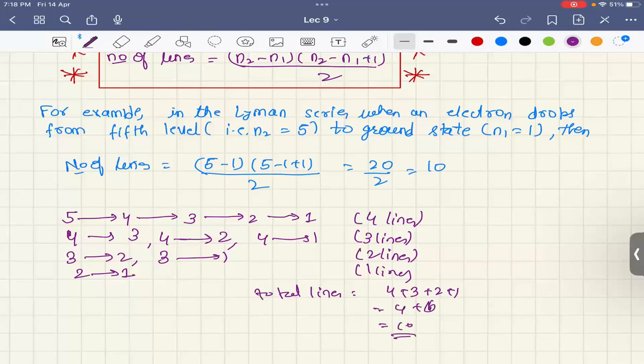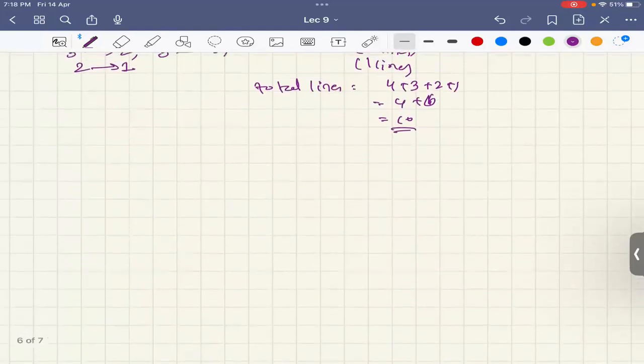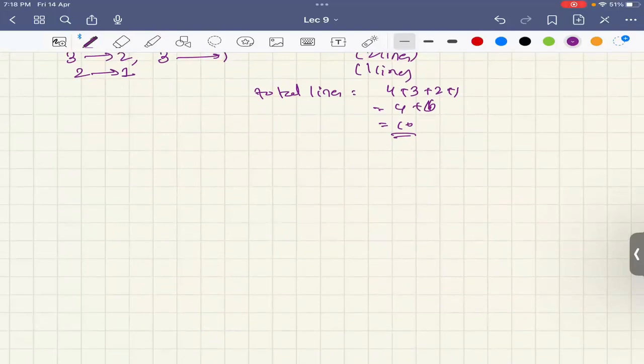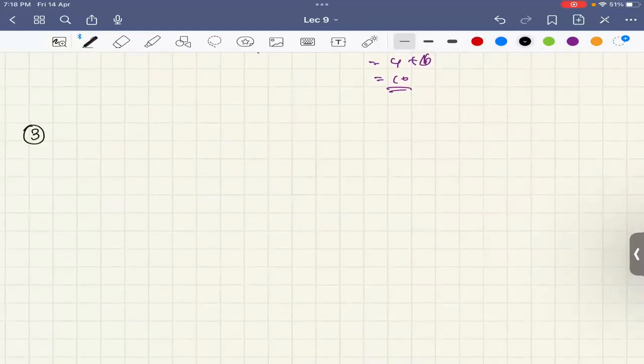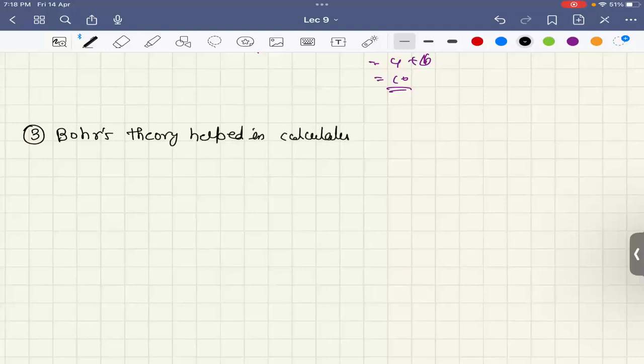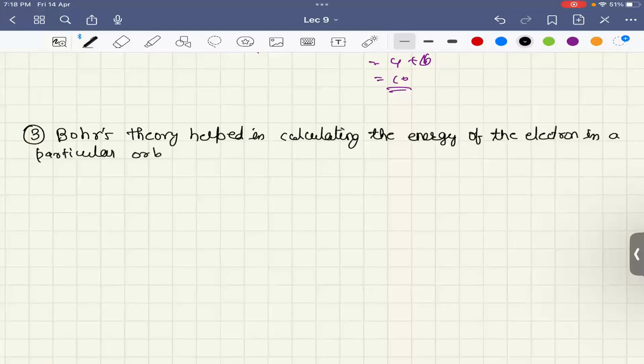So let us move on to the advantages of Bohr's model, right? Number 3: Bohr's theory helped in calculating the energy of the electron in a particular orbit of the hydrogen atom, right?